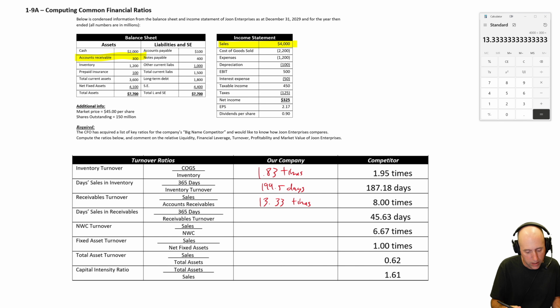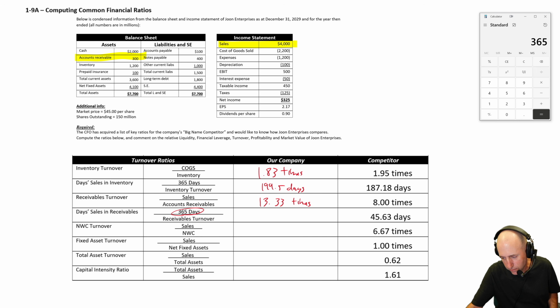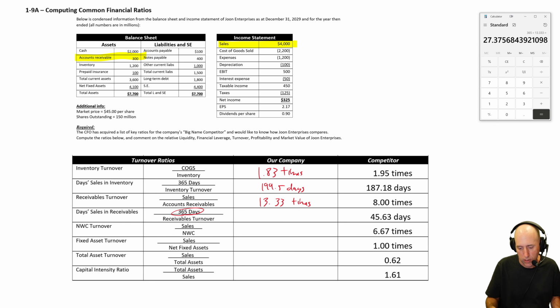Bigger is better, and I think, again, this next ratio will drive it home. 365 divided by 13.333, I get 27.38. What does this tell us? It tells us on average when somebody owes us money, it's taking us 27 days to collect the money. Our competitor's 45 days. Again, a measure of management efficiency and maybe policies.